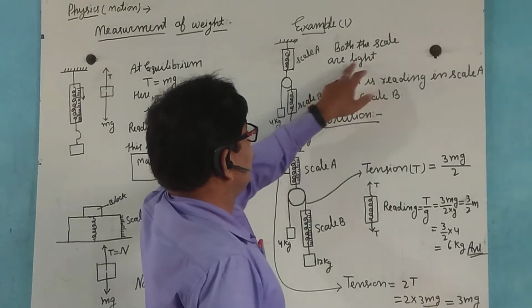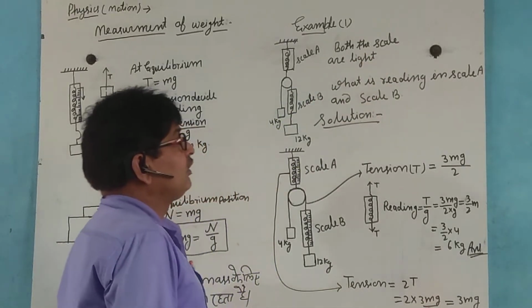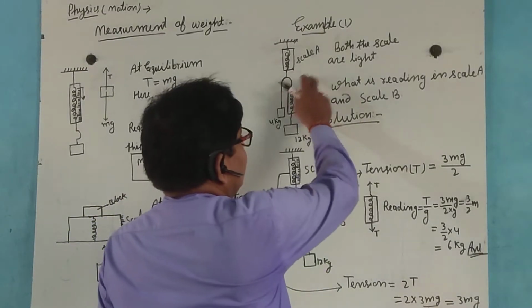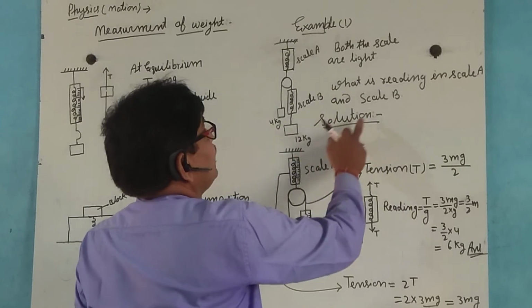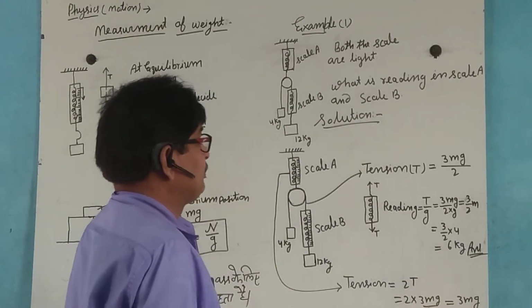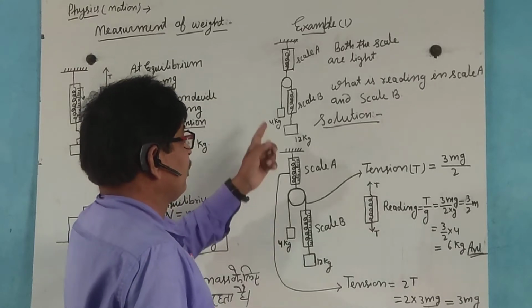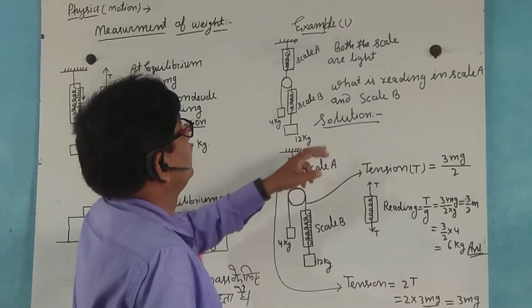Both the scales are light. It means light means lightweight. Both scales are light. What is the reading in scale A and scale B? We will calculate how much mass each scale will show.